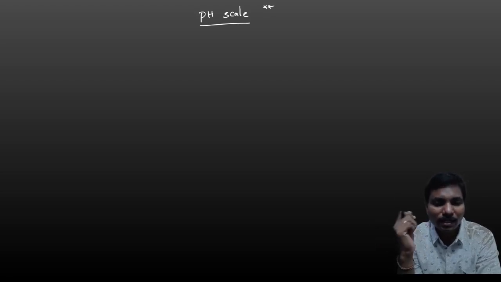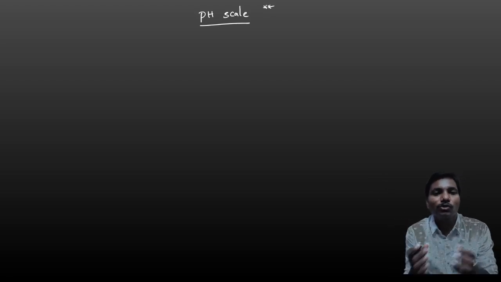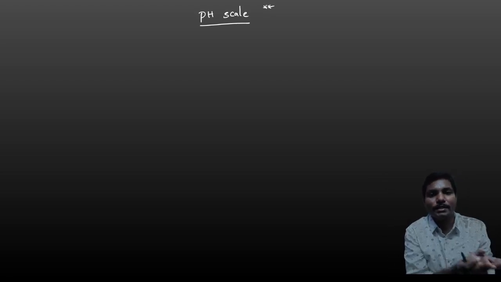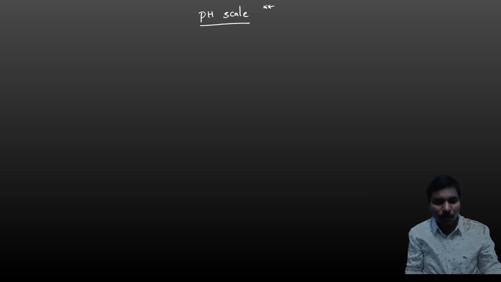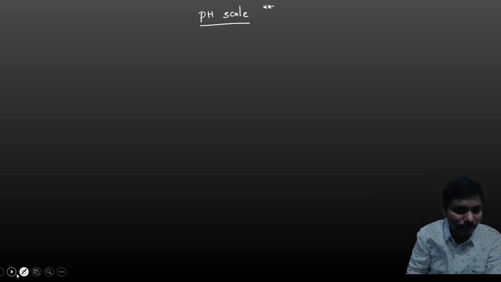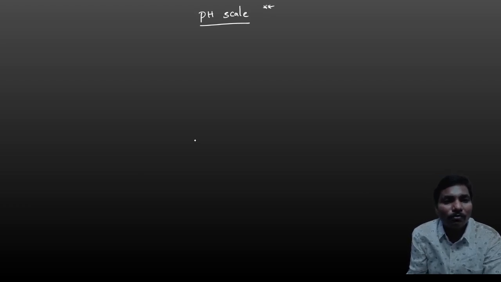By using the pH scale. It gives the idea whether the solution belongs to acid, base, or salt. So the pH scale is a scale used for the measurement of acidity or basicity.